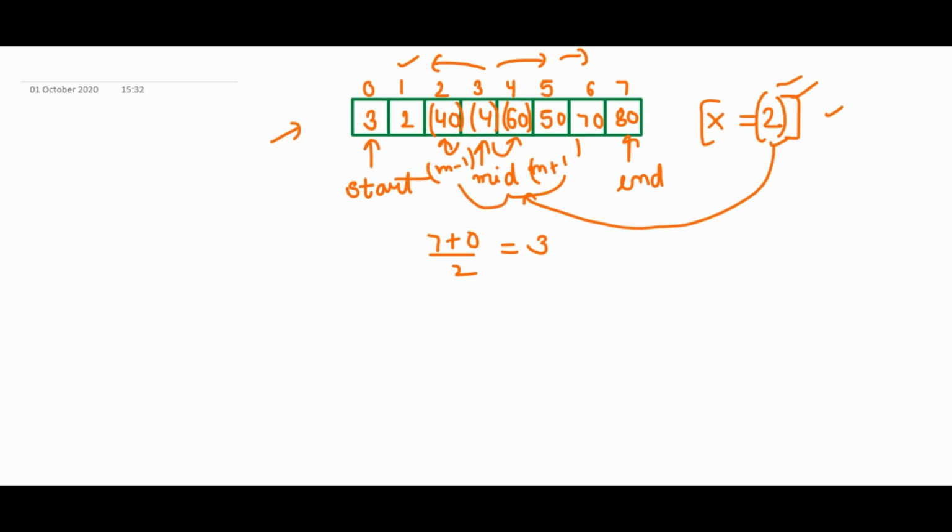Otherwise, if the element is greater than the mid element, then as we know the array is sorted to some extent, we will go on the right side because greater elements are on the right side. Otherwise, if the current element is less than the mid element, we have to go left because smaller elements are on the left side. And there is one more advantage: as we have checked mid plus 1 and mid minus 1, we can directly move to mid plus 2 and mid minus 2.